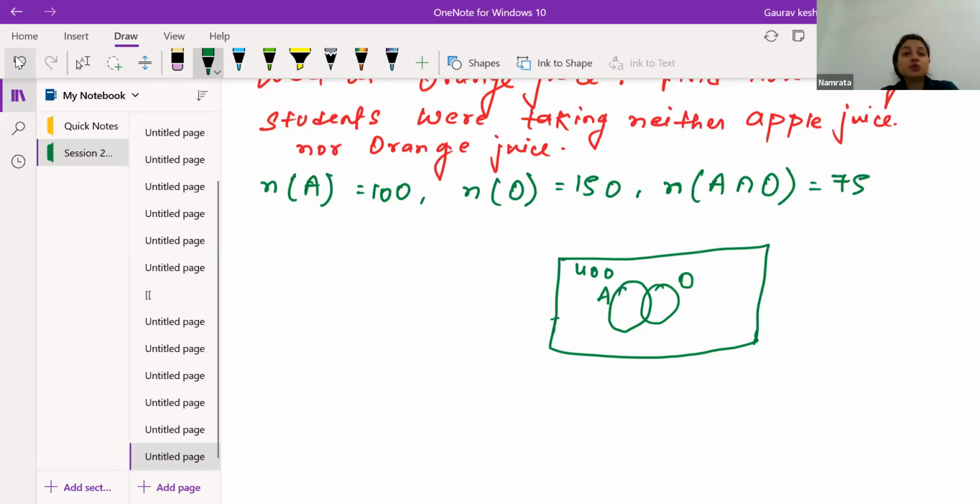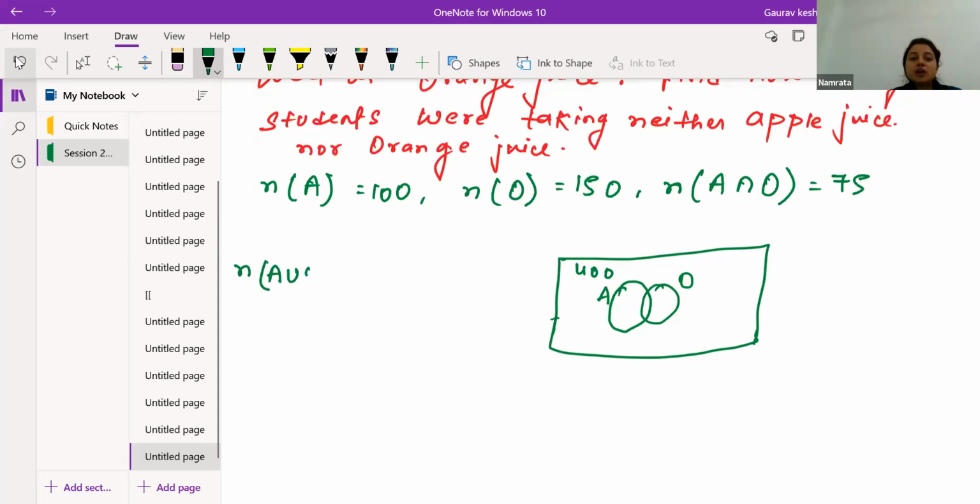Here we don't know the union, and please don't say this 400 is the union, because the survey is going on 400 students. After this survey, few like apple, few like orange, few like both, and union means everything: either apple or orange or both. So we will be finding the union at first.